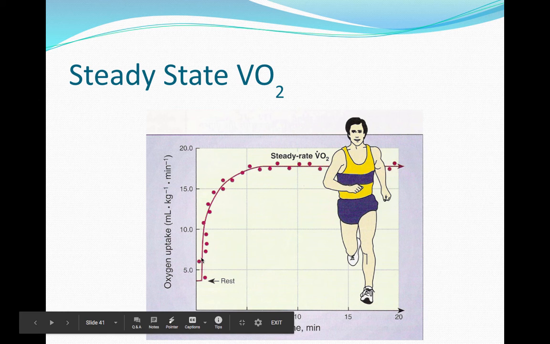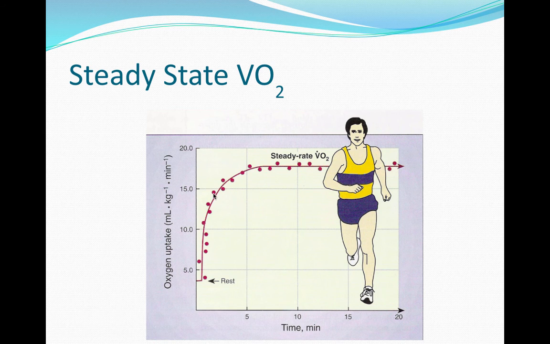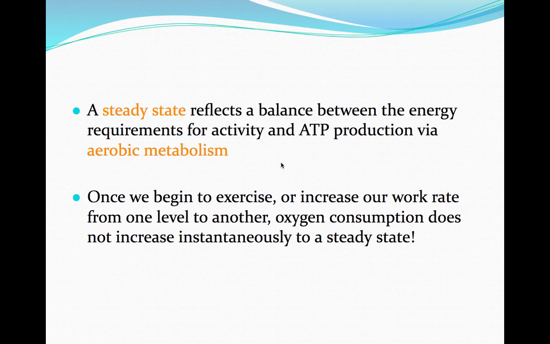What happens is oxygen consumption starts to rise because you need more oxygen to sustain this effort. But if you keep the same submax workload for 20 minutes, 30 minutes, whatever, more oxygen won't necessarily be required. You'll plateau out. You'll reach steady state VO2.